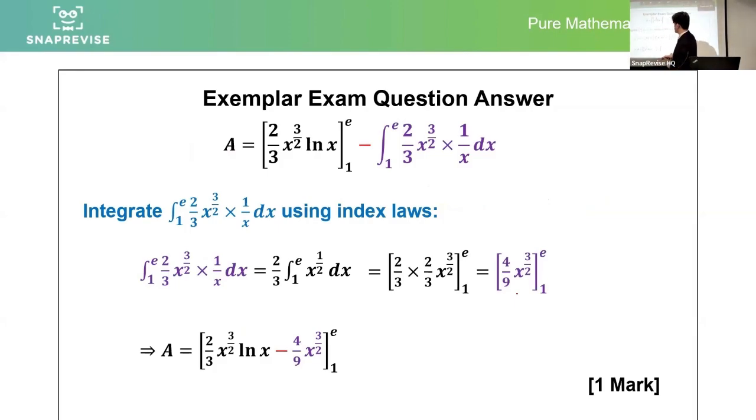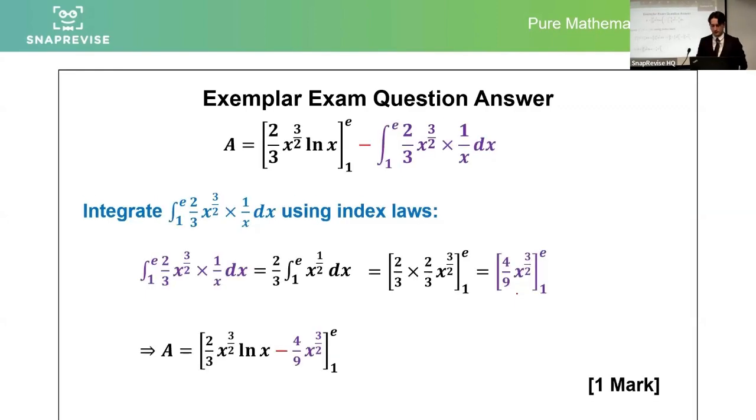Don't worry about the bounds too much. 2/3 x to the 3 over 2 ln x minus the integral of 2/3 x to the 3 over 2 times 1 over x. That will tidy up to the integral of 2/3 x to the half. Now you can do that integration, and then sub the bounds in of e and 1.